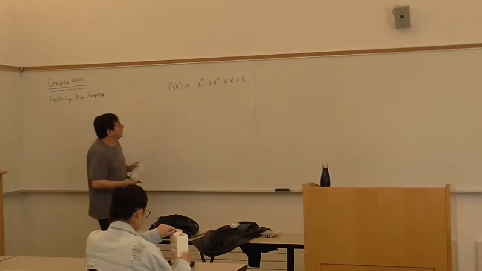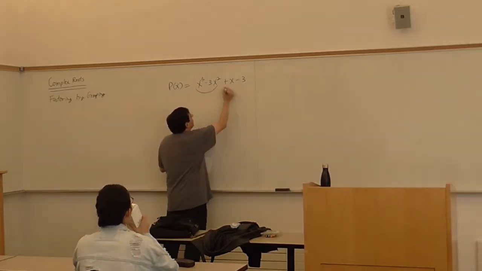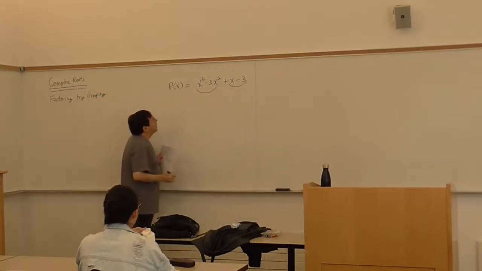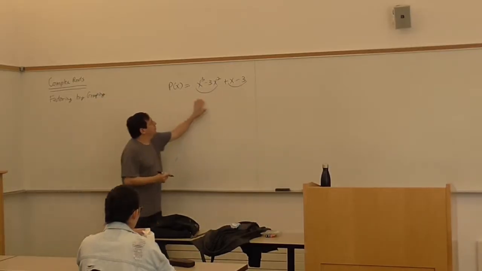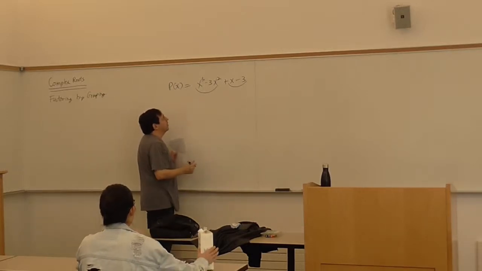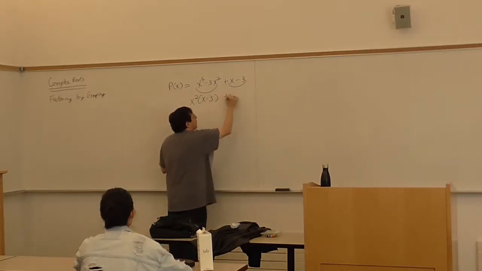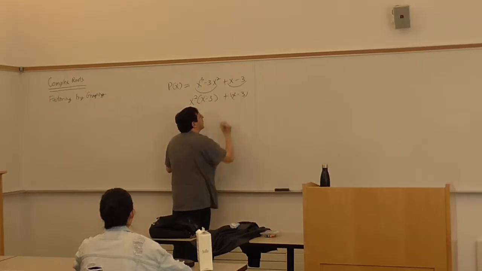So anyway, you look at this and you say, well, if I group these together, make two groups out of this, and then I try and factor as best I can. So x squared, x minus 3, plus x minus 3.